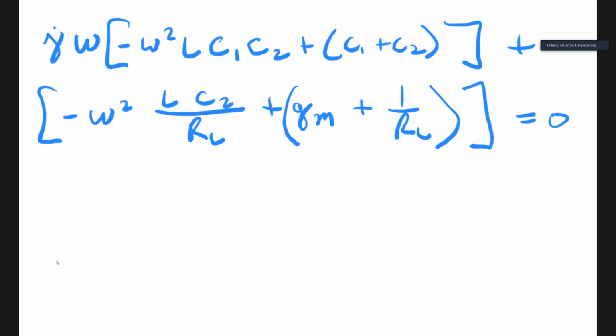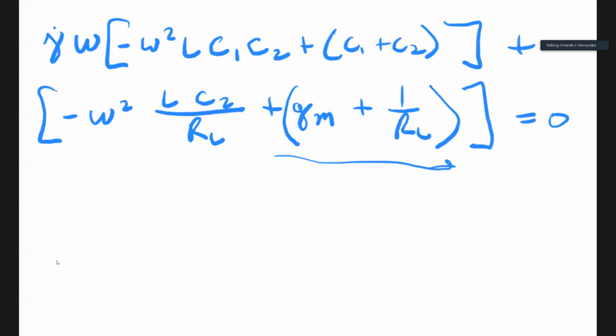equals 0. I notice that at least in this term, GM is a conductance, and 1 over RL is also a conductance. So it gives me some validation that the units and the type of quantities are matching. And for this procedure, one part will give us the frequency of oscillation and the other will give us the condition of oscillation, which must include the gain.